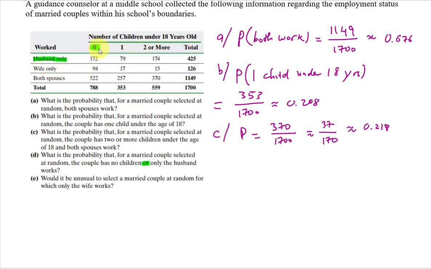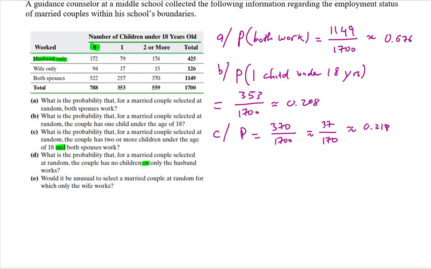You may think that we have 0 children and husband only, so that should be this number, but that is not correct. Why? Remember, this is the OR case. In the last example, we had the AND case, so you can take the value directly from the row and the column. But for the OR case, we have to subtract the common area.